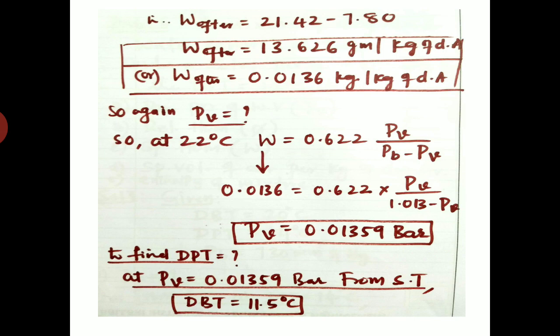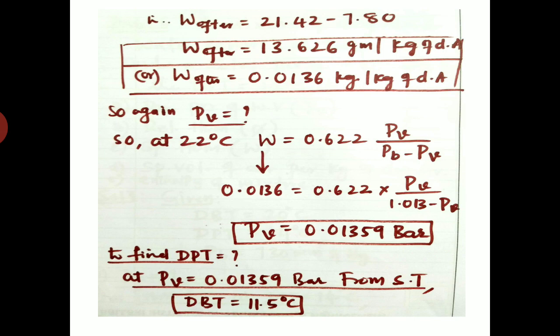Again convert that into kg per kg, because the equation W is equal to 0.622 PV by PB minus PV is always in terms of kg per kg. Just remember this: when W is given in grams, convert that into kg per kg. Fine.